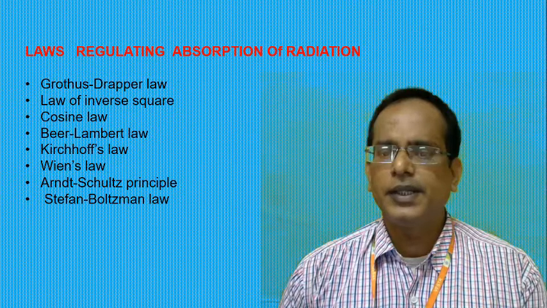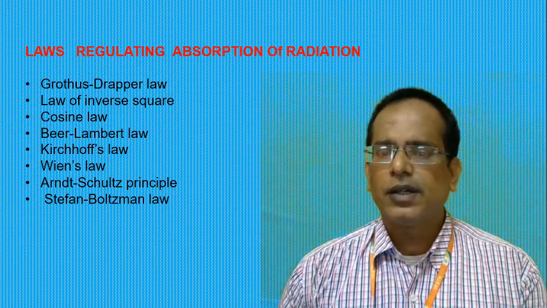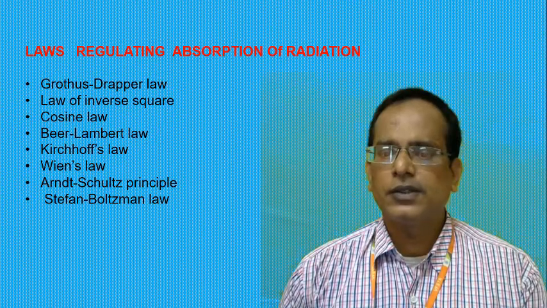Fourth one is the Beer-Lambert law. Fifth one is Kirchhoff's law. Sixth one is Wien's law. Seventh one is Abbe's sine principle. Eighth one is the Stefan-Boltzmann law. So these are all important laws, you are observing it.